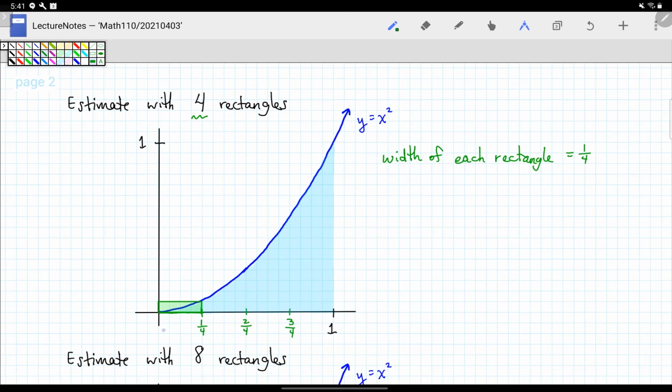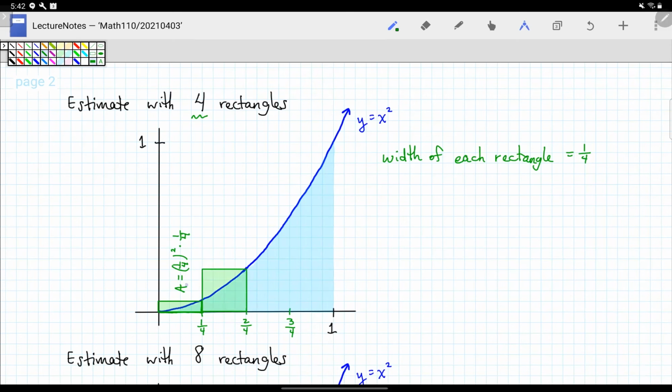So let's write this sideways. Area equals 1/4 squared times 1/4. The next one, I'm going to take the height off of the right endpoint again. That's 1/2 squared, which is 1/4. So that's going to come up to here.